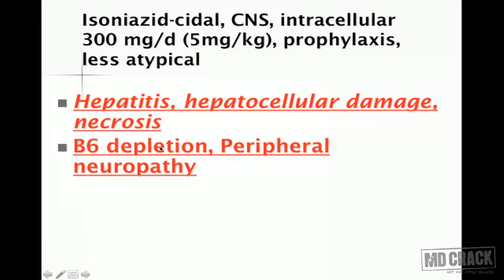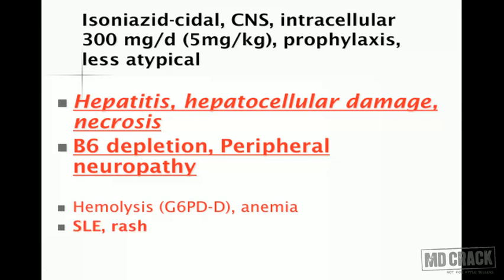So B6 depletion leading to peripheral neuropathy is the second important adverse effect of isoniazid. Thirdly, it can precipitate hemolysis or bleeding in patients having glucose 6-phosphate dehydrogenase deficiency, and it can lead to anemia.